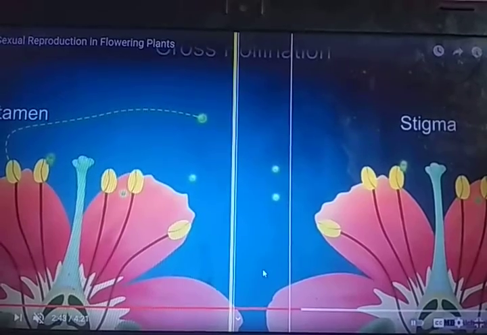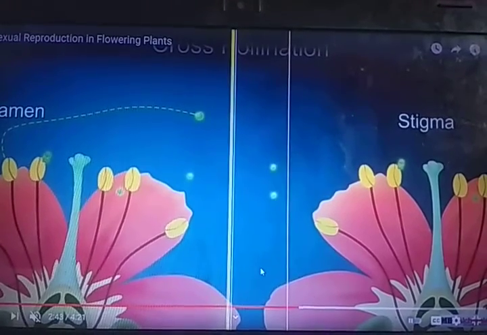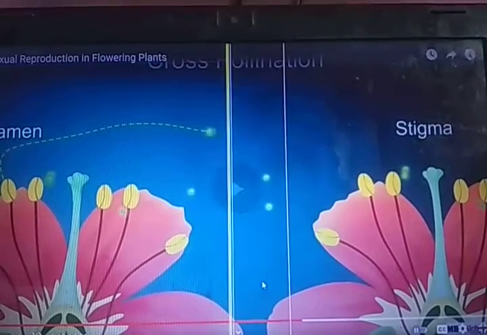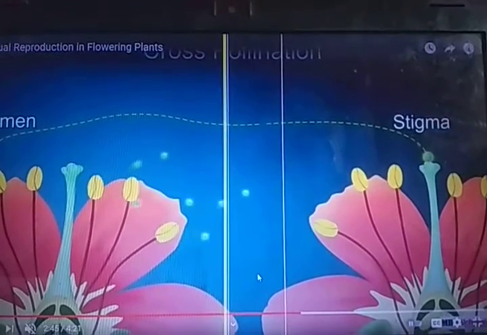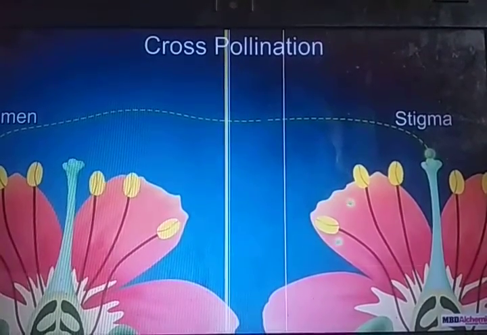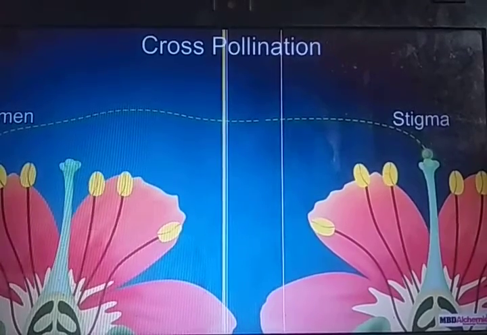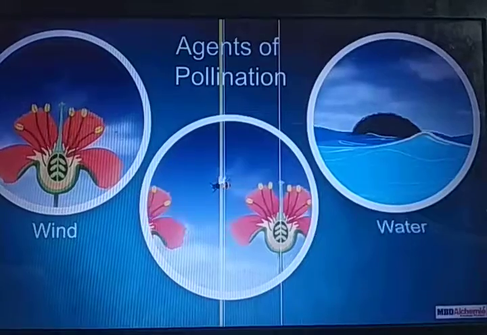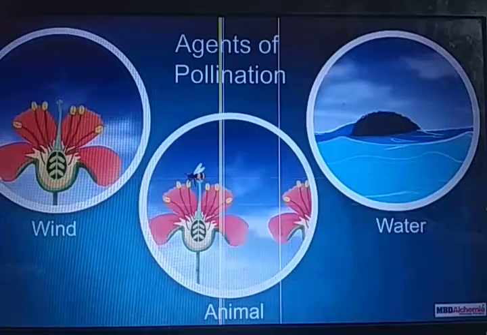The transfer of pollen grain between the same species but different plants is cross-pollination. What are the agents of pollination? It can be wind, animals, or insects.